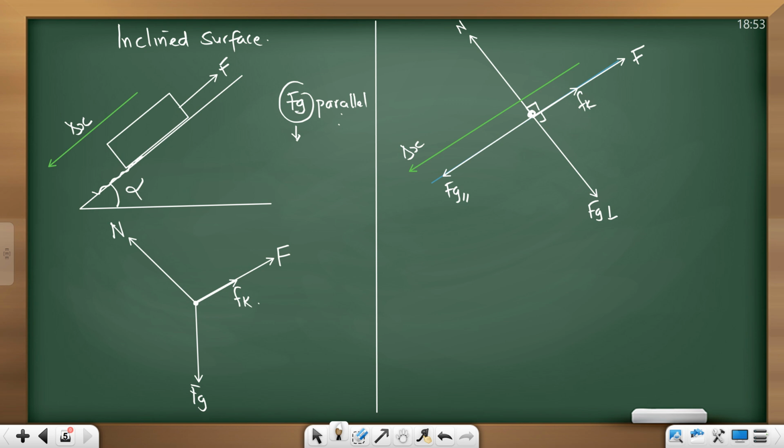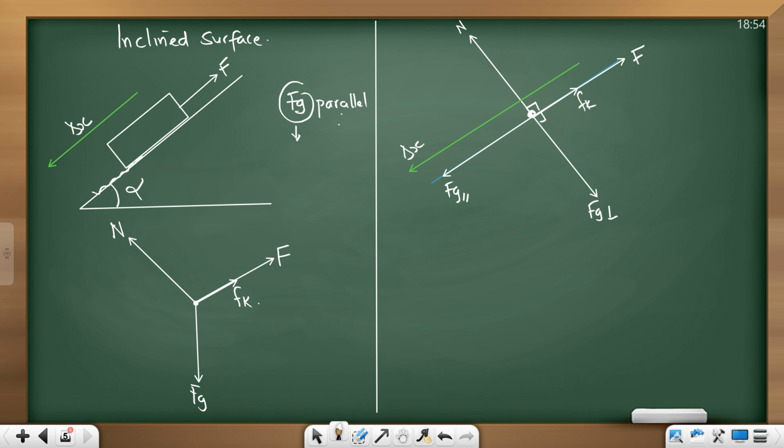So are you saying that the gravitational force parallel is greater than the applied force? No. FG is going down because gravity acts downward. That's just it. And it's parallel to the surface. It has nothing to do with the normal, nothing to do with any other force. I understand that. What I'm asking is that it's going down if the applied force is smaller. It depends on the size of the object. We cannot say.